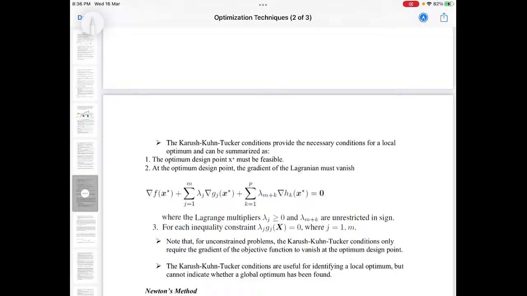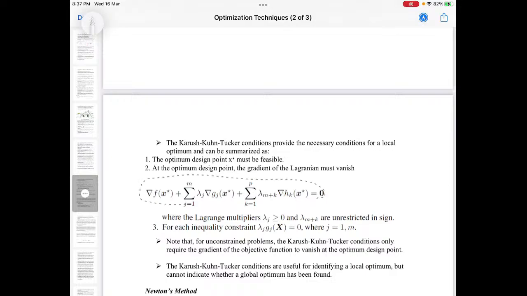So let us see the Karush-Kuhn-Tucker conditions: ∇f(x*) + Σ (j=1 to m) λj ∇gj(x*) + Σ (k=1 to p) λ(m+k) ∇hk(x*) = 0.